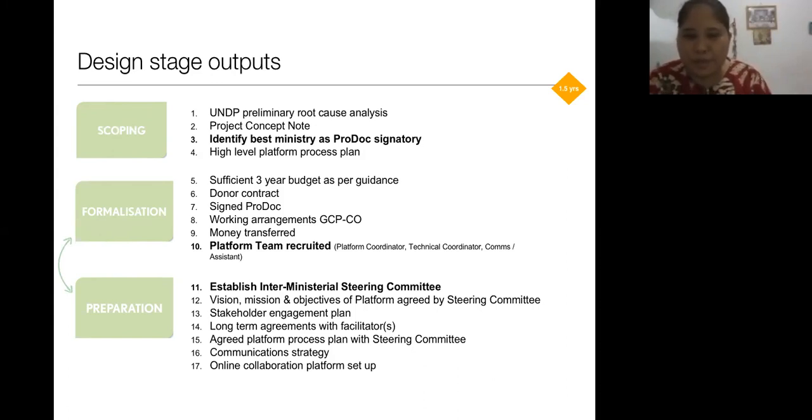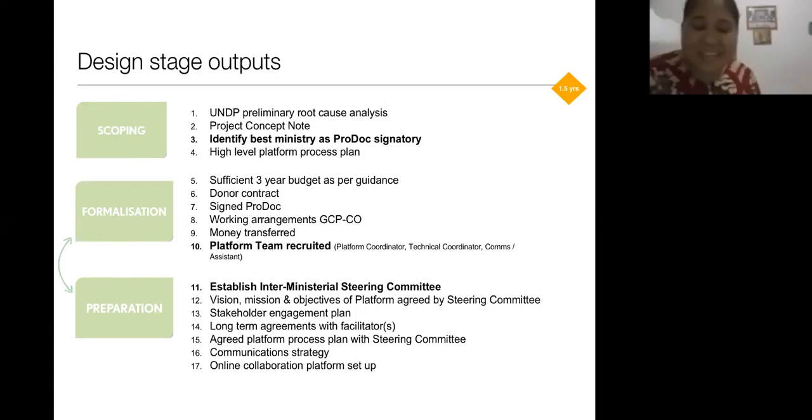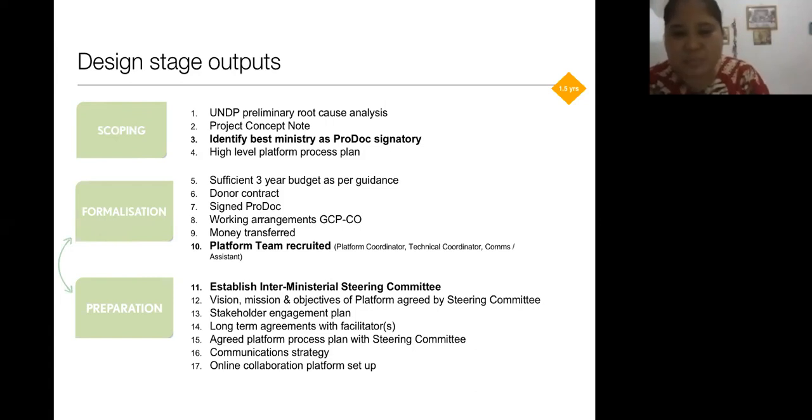So if we establish the steering committee, it makes decisions related to, for instance, regulation and policy more effective, and makes communication and coordination more effective. Thank you.